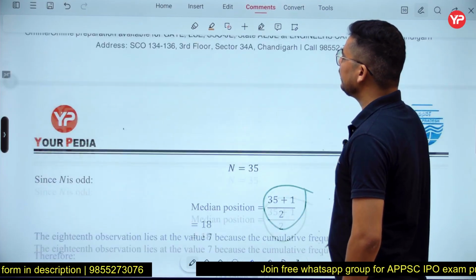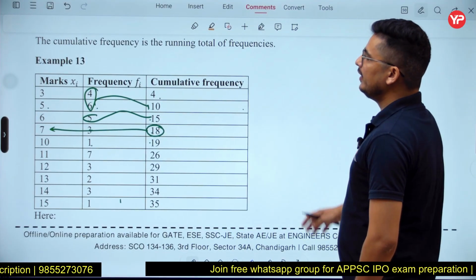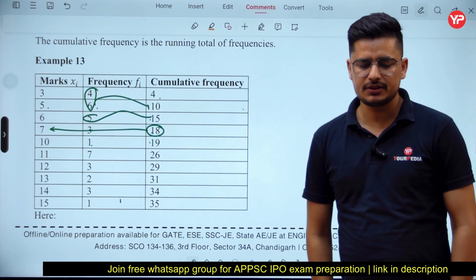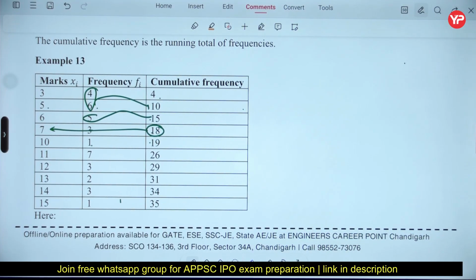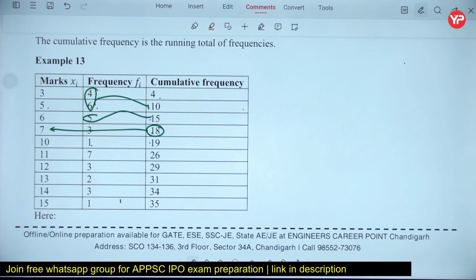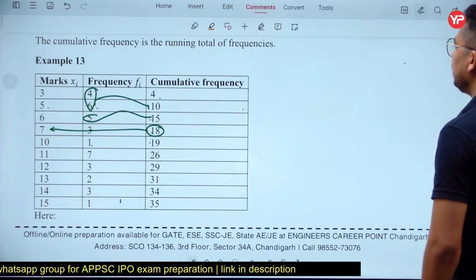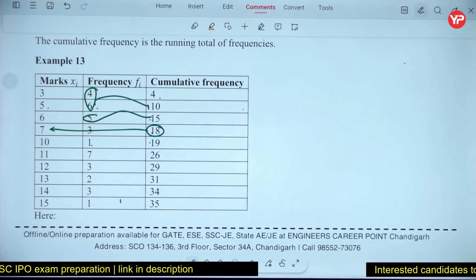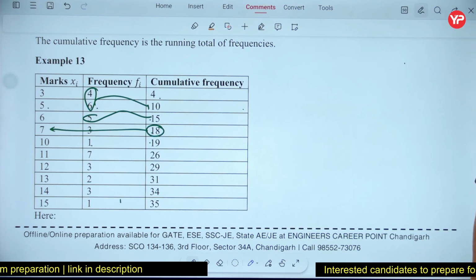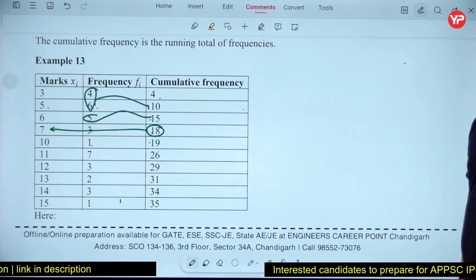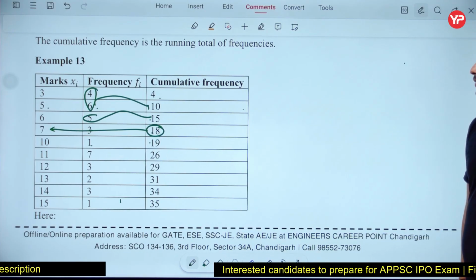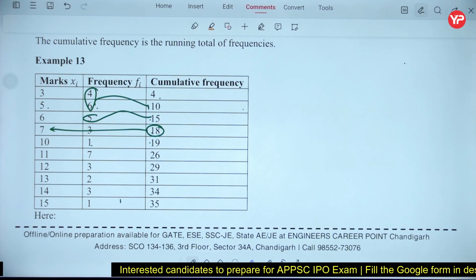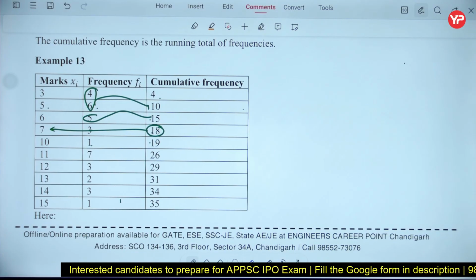I'm again repeating, whenever a frequency table is given to you and you have to find the median from it, first we have to prepare a cumulative frequency table. In that table we get 4, 10, 15, 18, 19, 26, 29, 31, 34 and 35.